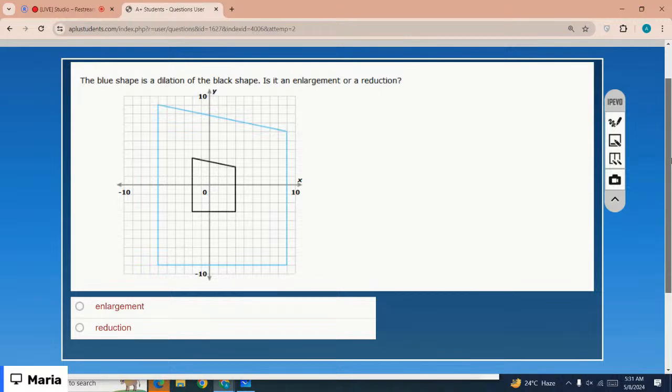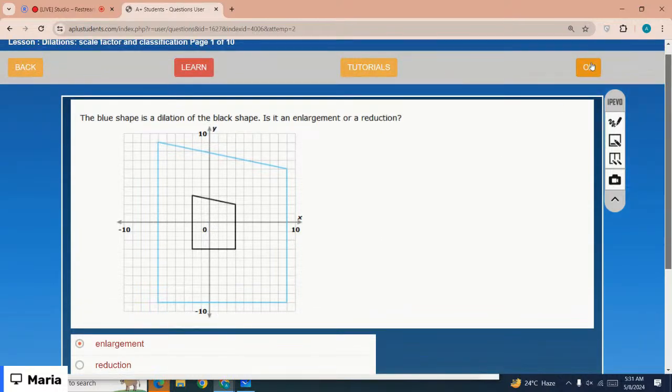Enlargement it is, right? Because the black one is small and the blue one is the bigger one, so that is an enlargement.